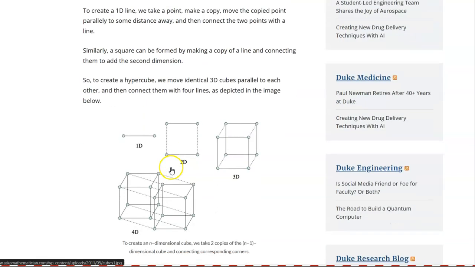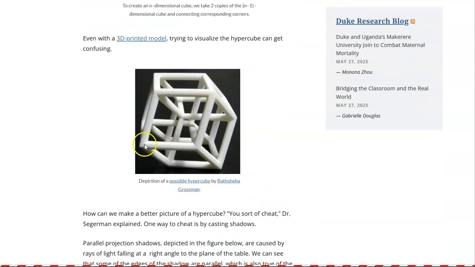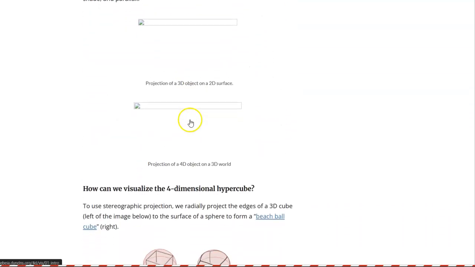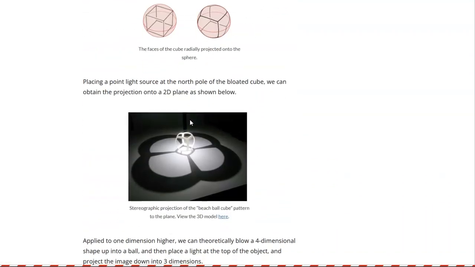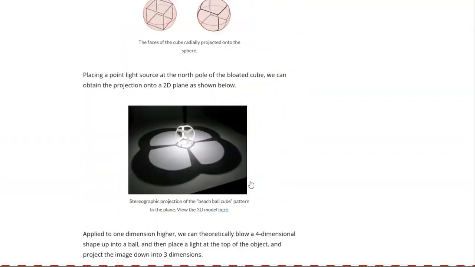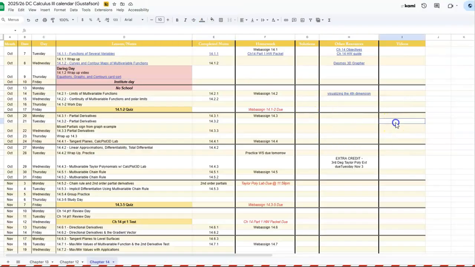But if you want to read about the hypercube, which is our quote-unquote cube in the fourth dimension, we have ways of modeling this thing in 3 dimensions, and you can read about three-dimensional projections, three-dimensional shadows of a fourth-dimensional graph. I think this is an interesting read, so that is on the calendar for you to check out if you are at all interested.